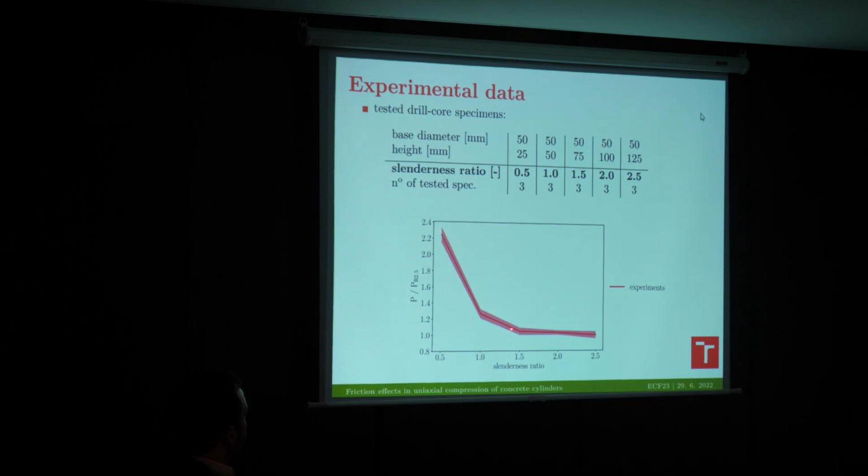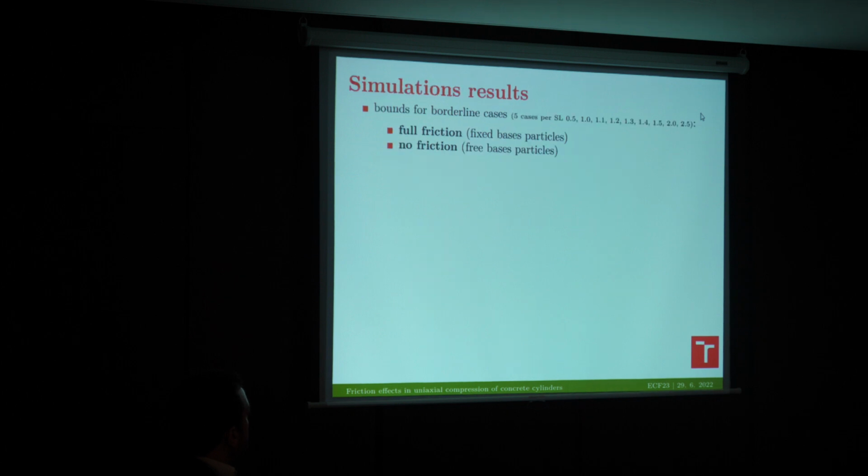It is all within the limit, let's say, of the standard deviation. However, as we go lower to the slenderness ratio of 1.0 and even 0.5, the force radically increases up to 2.3 times the force which was needed here. So we try to replicate the results with our model.